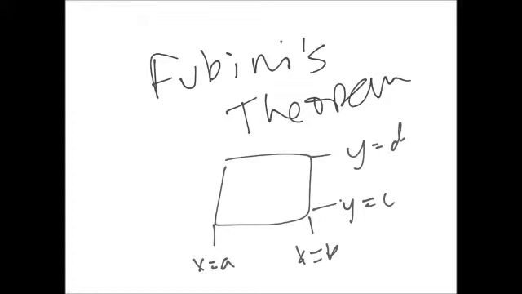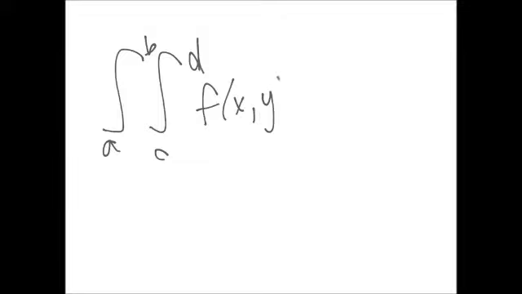Because Fubini's theorem involves two variables, and it has the iterated integral, which is the double integral. And Fubini's theorem looks like the integral from a to b, c to d, of f of x, y, dy dx.